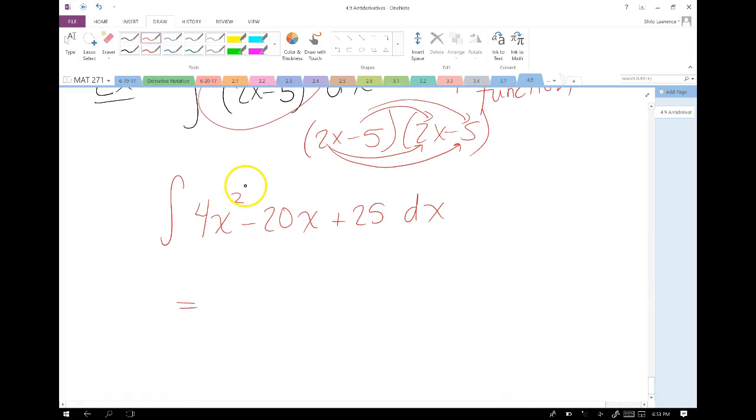So the power is going to go up to 3, and then you divide by your 3. Right now, this power is 1, so the power is going to go up to 2, and then you divide by 2. And then I've got a constant here. Remember our constant rule.